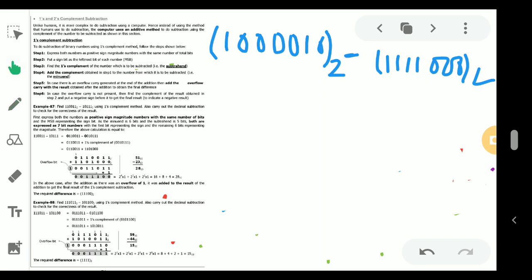So here I hope you count the number of digits, 1 2 3 4 5 6 7. Here I have 1 2 3 4 5 6 7. So the number of bits is equal. Then no need to add any extra bit, but we have to make both numbers positive.